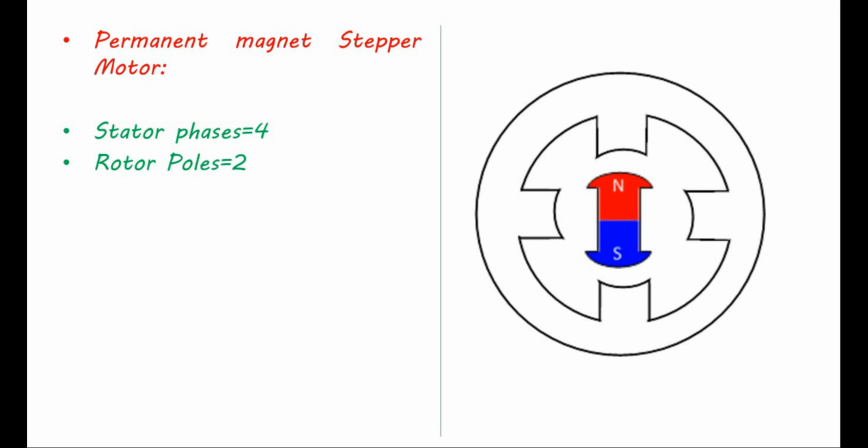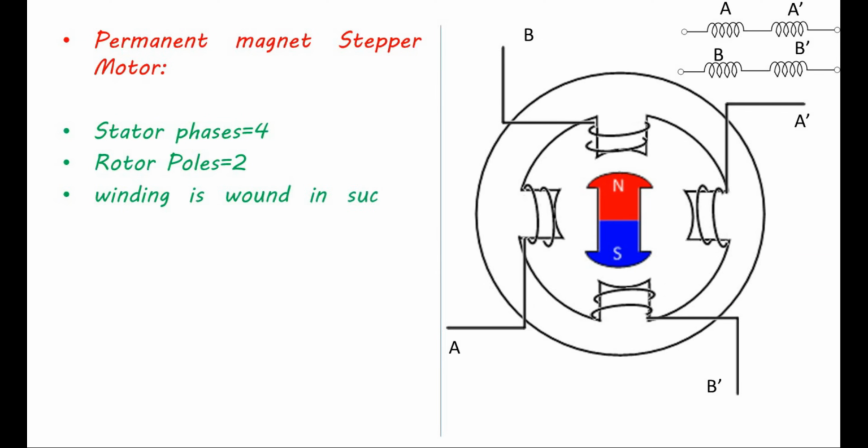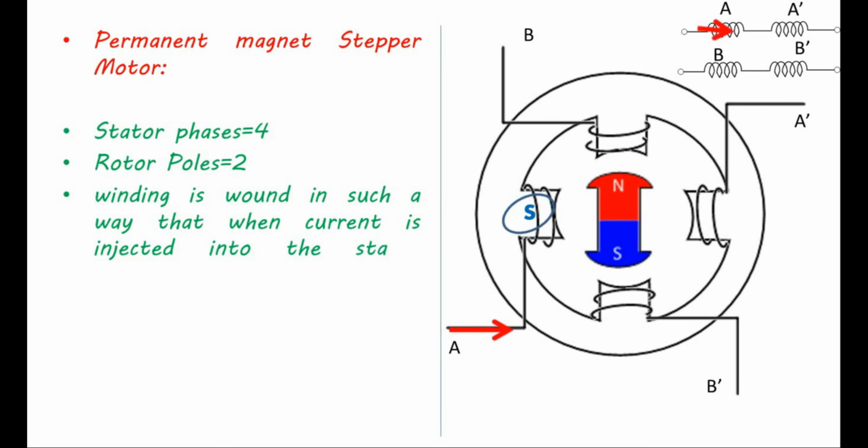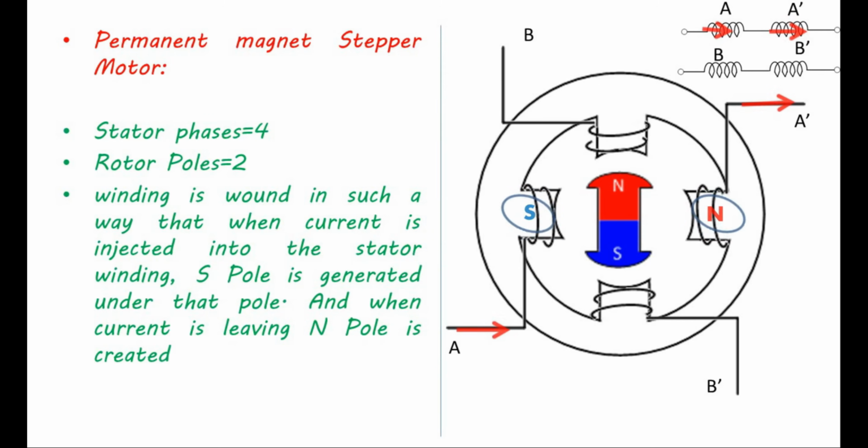The stator poles have concentric winding, where winding A is connected to A prime, and similarly winding B is connected to B prime. When winding A is energized, or in other words current is injected into the winding, a south pole is created under that pole. At the same time current is leaving from the A prime winding, and hence an N pole is created under that pole. The same is applicable to winding B and B prime.